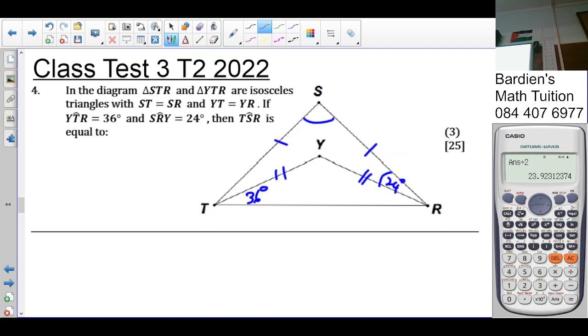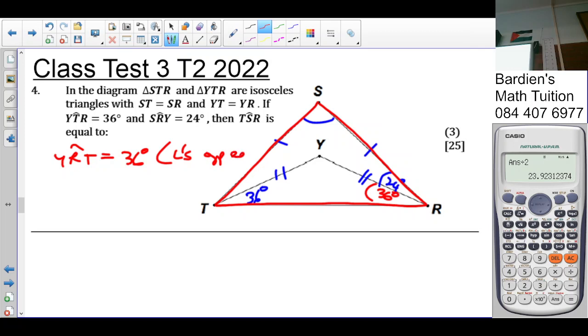So where do we start? If we can set up an equation for the sum of angles in a triangle, I've done the job. However, this angle, which is YRT, is going to be 36 degrees. Why? Angles opposite equal sides.